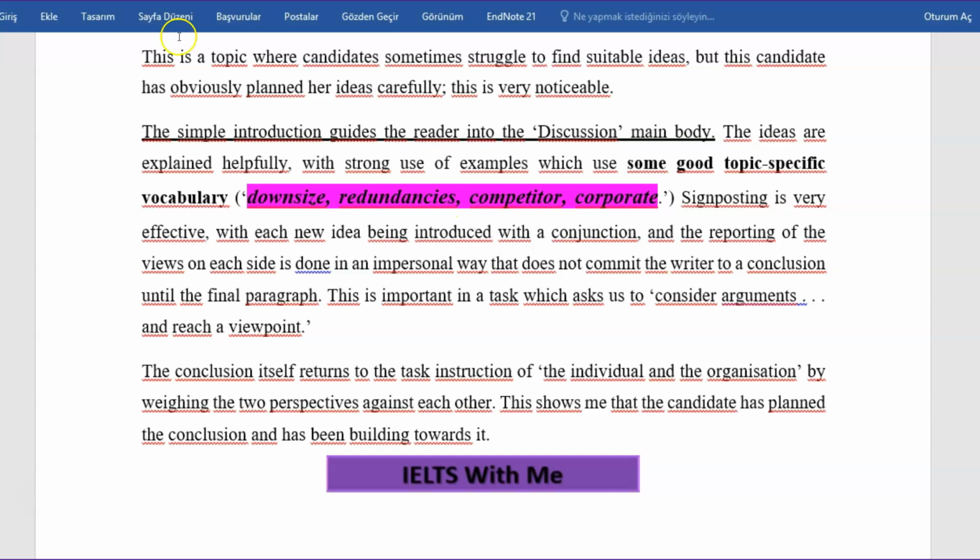And therefore, please take a look at those videos on our channel, which explain this in more detail. And also the candidate used academic phrases as well as academic structures and high Band 9 vocabulary.